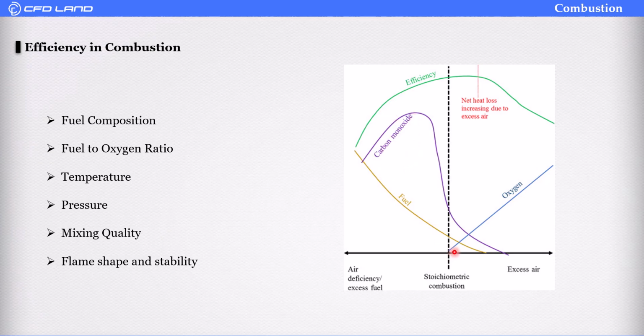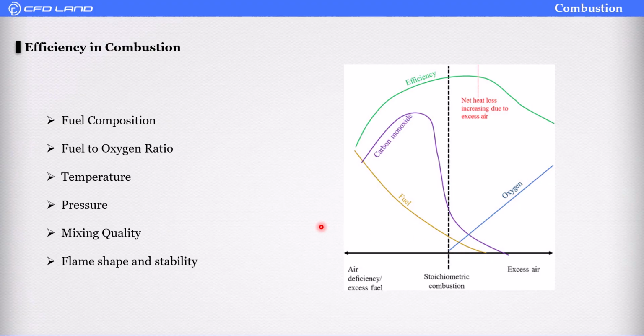And when we have excess air, efficiency decreases. We have the best efficiency when we have a stoichiometric combustion reaction. And as you can see, as the oxygen increases, carbon monoxide decreases.